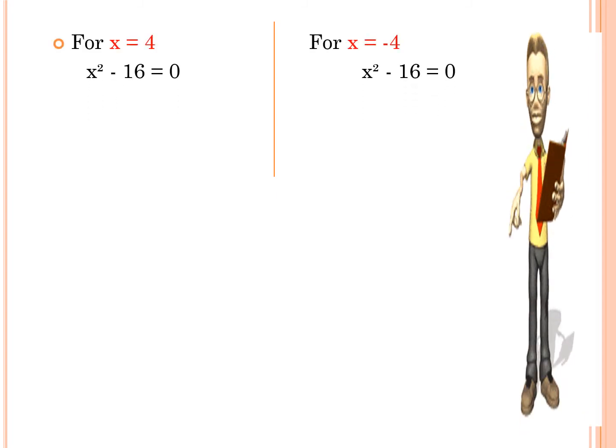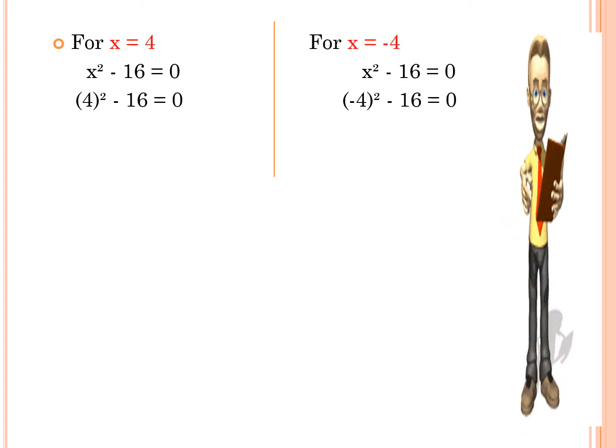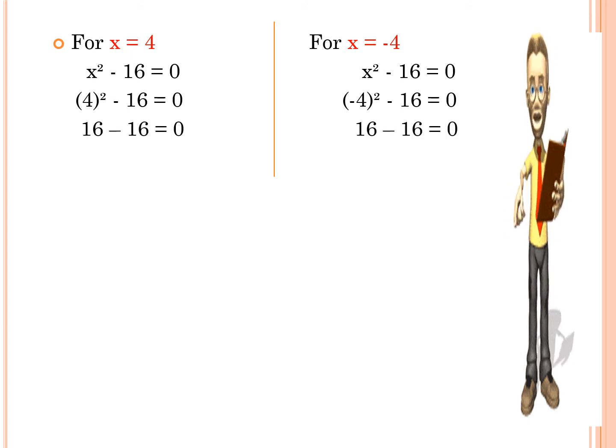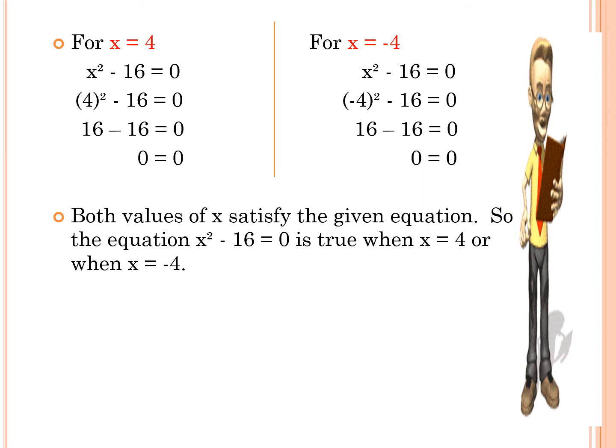Okay, let's check. If your x is 4, x squared minus 16 equals 0, the original equation. Substitute 4 into x, so it becomes 4 quantity squared minus 16, and that we have 16 minus 16 equals 0. And also, if your x is negative 4, substitute negative 4 into x, so it becomes negative 4 quantity squared is 16, minus 16 equals 0. So, 0 is equal to 0.